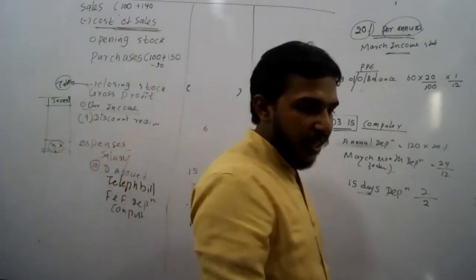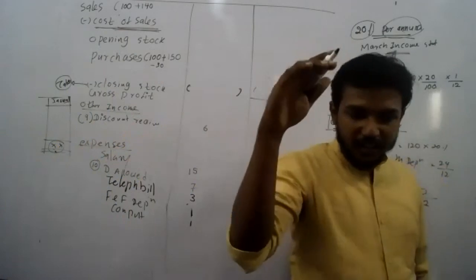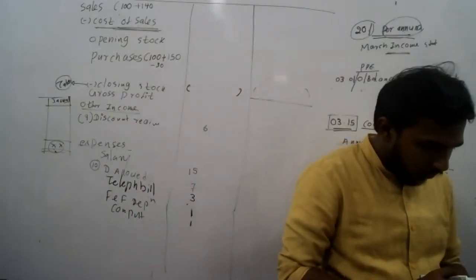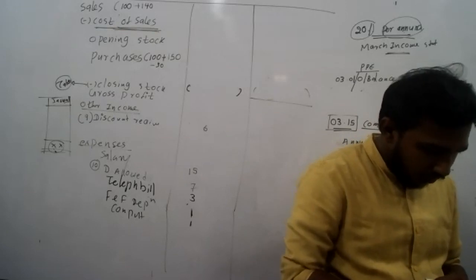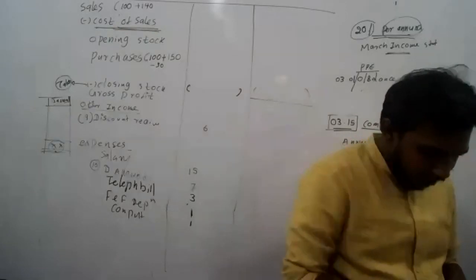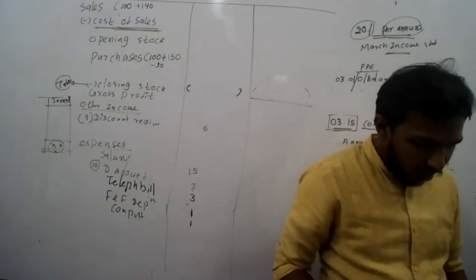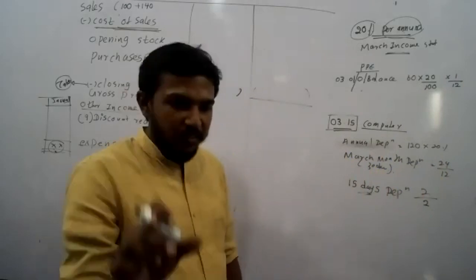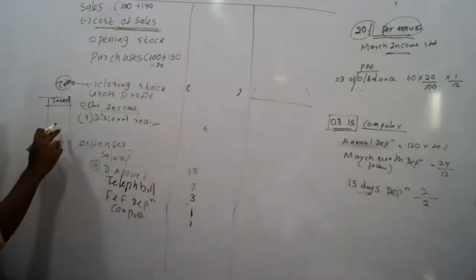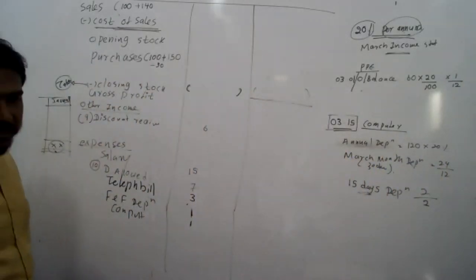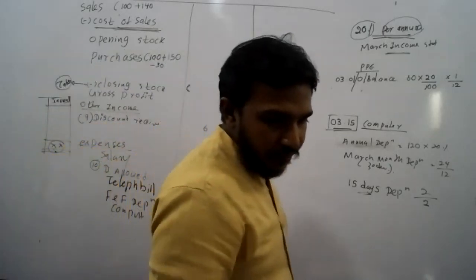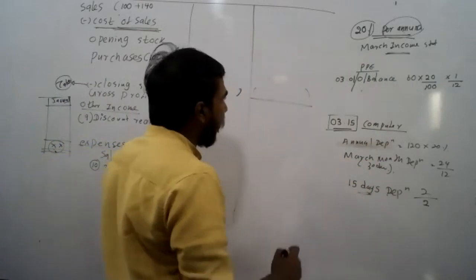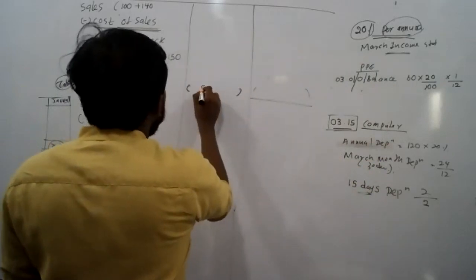Tell me how much is the closing stock in that inventory column in the accounting equation table we prepared. Okay. Others also got it, right? It's 50. So closing stock is 50.